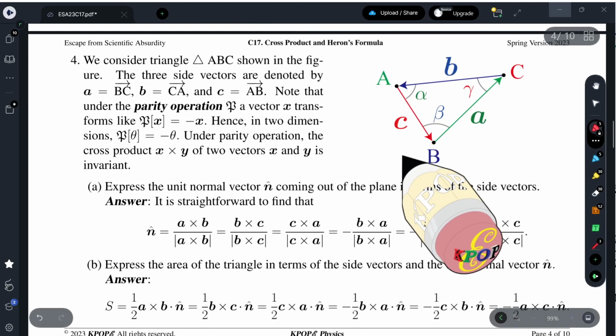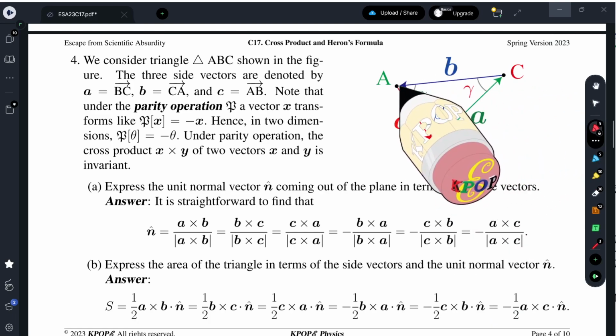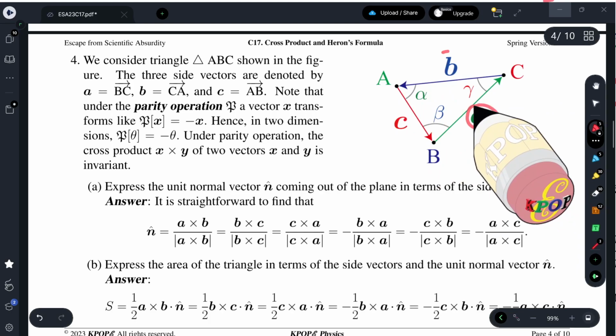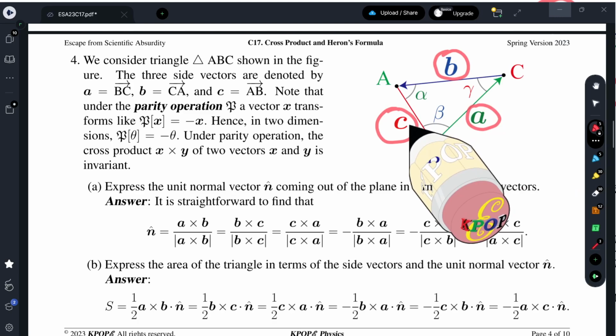Next, we consider a triangle whose 3 sides are represented by vectors a, b, and c.